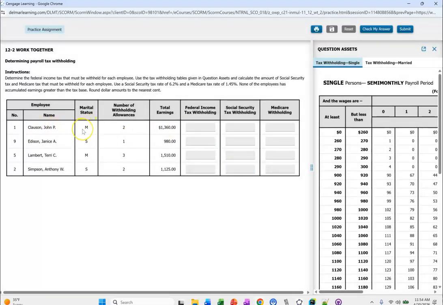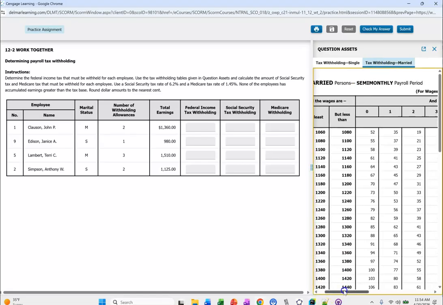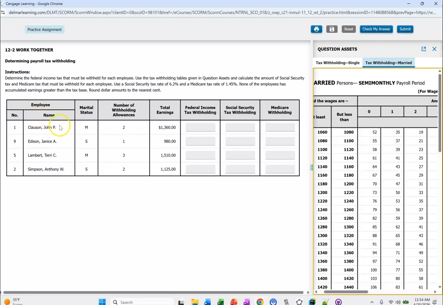So John Clausen is first. He's married and has 2 withholding. So I'm going to go to the married section and the 2 withholdings. And he earned $1,360. So he's right here. And I scroll over to the 2, so it's a $52 withholding. And then it says the Social Security rate is 6.2%.